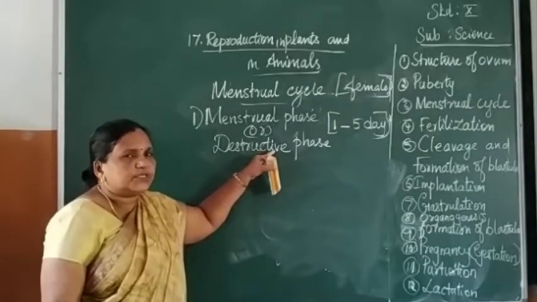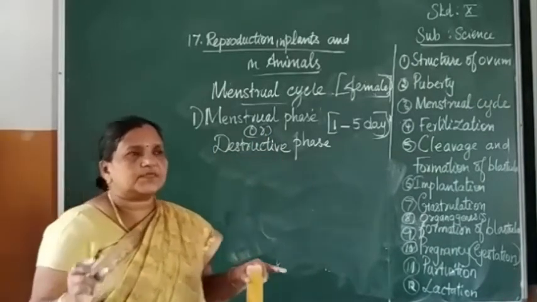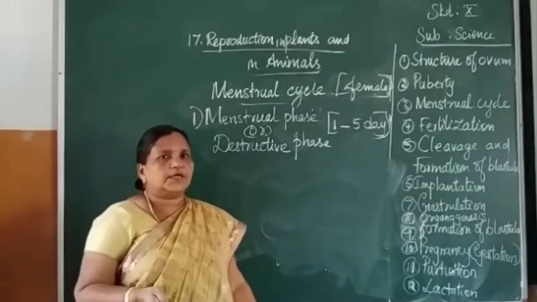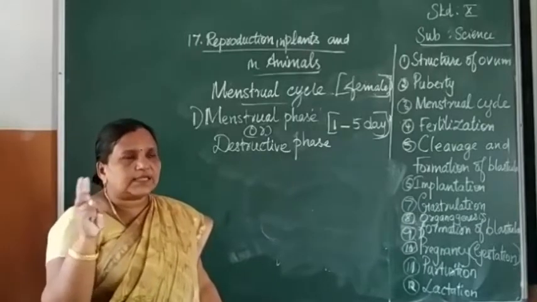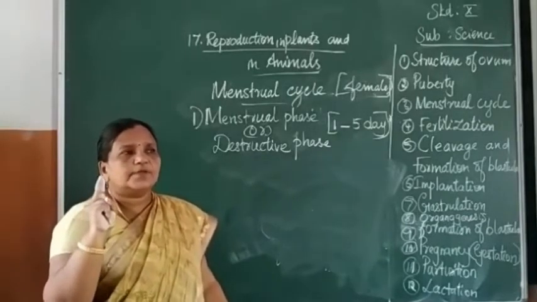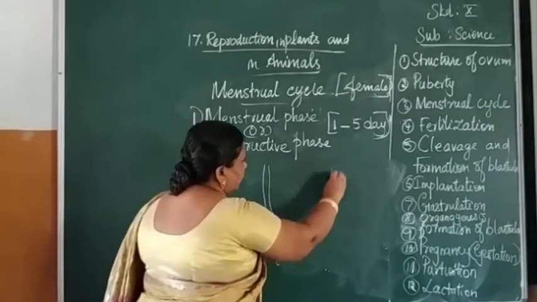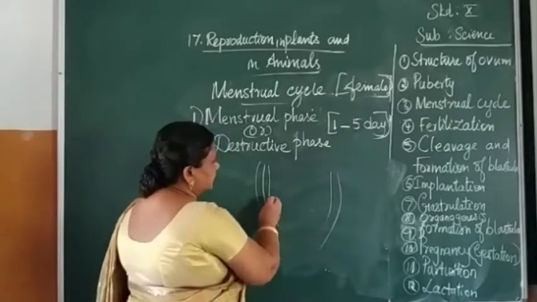Destructive means the blood vessels which are present on the endometrium. Endometrium means the internal wall of the uterus. We can see the 3 layers of the uterus, which we already studied. First layer, second layer, and the third layer.